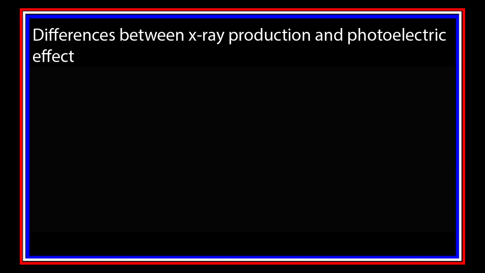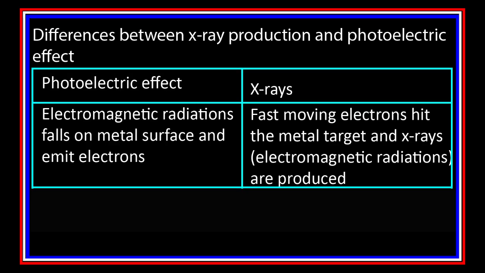Differences between X-ray production and the photoelectric effect. In the photoelectric effect, electromagnetic radiations fall on the metal surface and emit electrons.